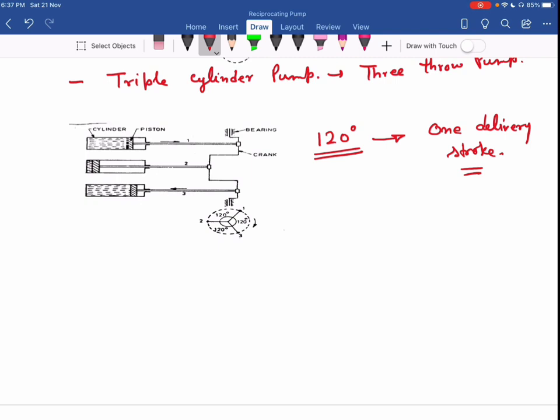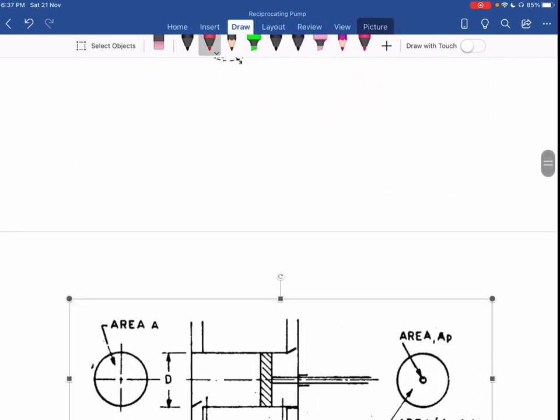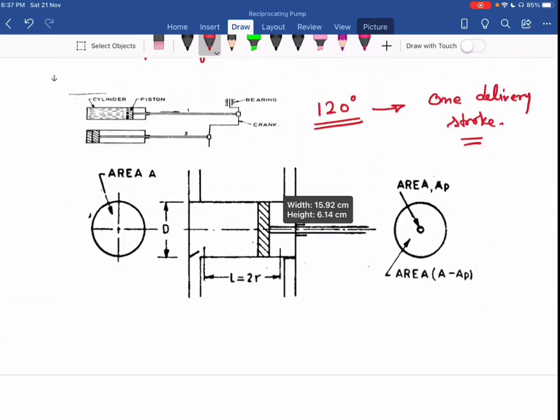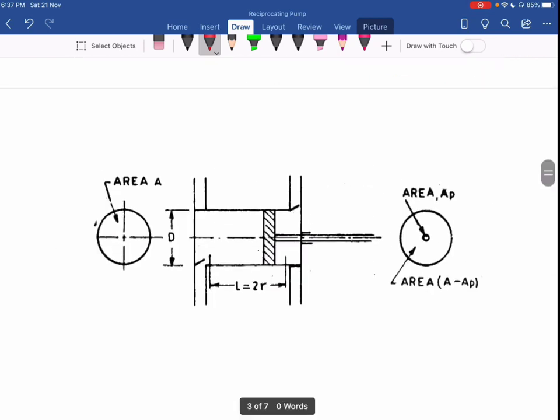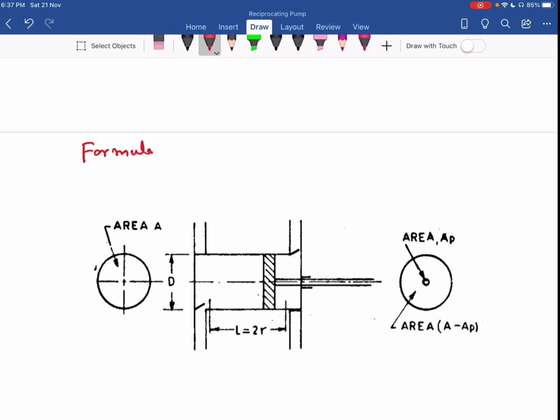The next is the formula for discharge through a reciprocating pump. Here you can see my single cylinder pump.